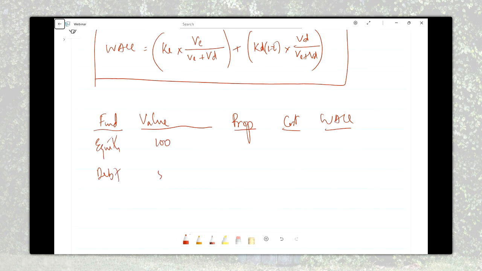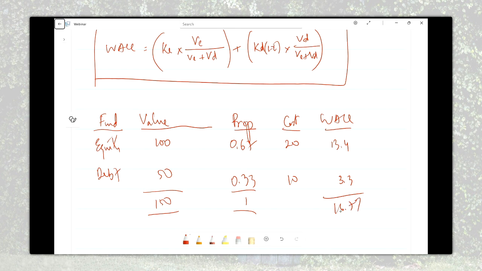So we've got 150, and here 100 divided by 150 gives a proportion of 0.67, and here 0.33, giving me 1. And let's say the cost of equity is 20 and the cost of debt is 10. This will be 3.3. 0.67 into 20 gives me how much? 13.4, plus 3.3, giving me 16.7.